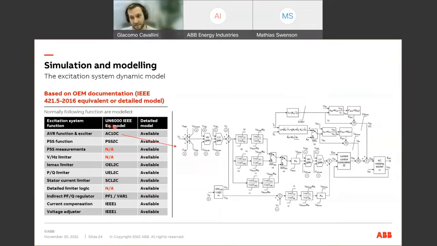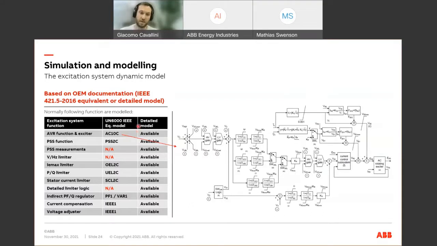IEEE 421.5 2016 has quite good models already compared to the previous version, 2005. Unfortunately, in some markets, like for example Australia, or nowadays also Germany, or other markets like South Africa, detailed custom models are required, because the IEEE equivalent cannot always represent the excitation system control in a reasonable way.